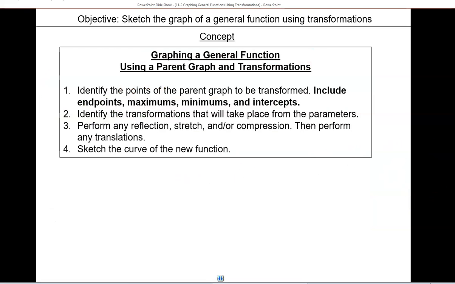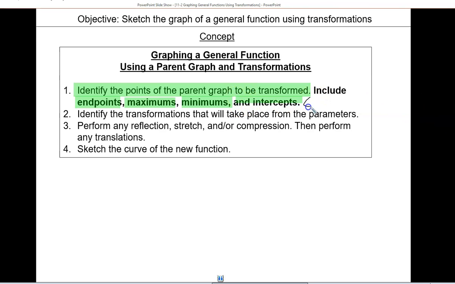All right, so now this is just kind of a written procedure for what we're going to do to apply our knowledge of transformations to creating a graph. So we're going to be given a graph at this point that is going to be just a general graph of points. But we're going to want to identify the key points that we can identify, which would include endpoints, maximum points, which remember are like peaks, minimum points, which would be a point at the bottom or a low point, and intercepts.